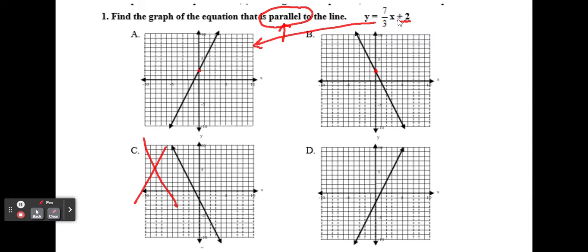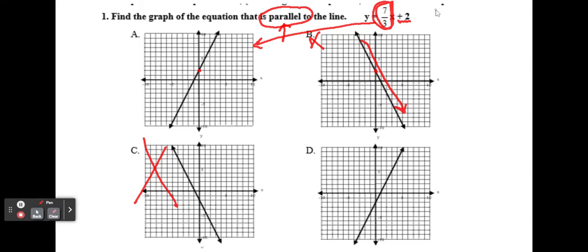And parallel to this line means it has the same slope, but a different y-intercept. So if I go down here, I know it can't be this slope. This slope is a negative slope. So it's definitely not B, because it can't be parallel to this line if the slope is negative.